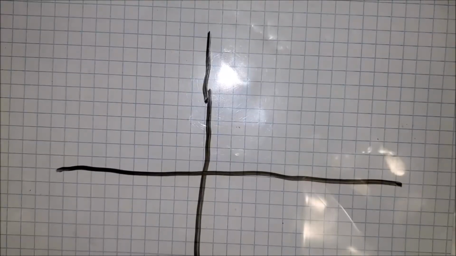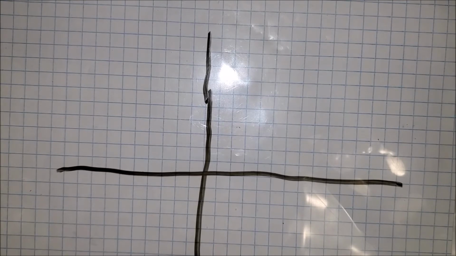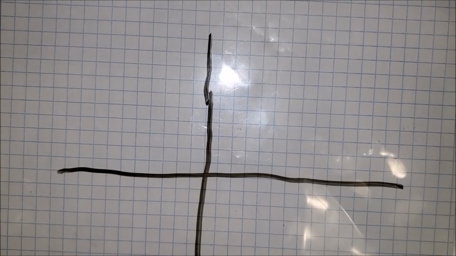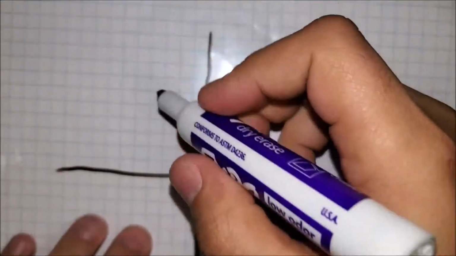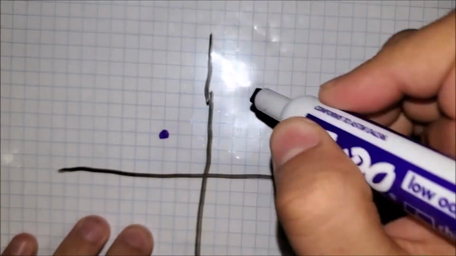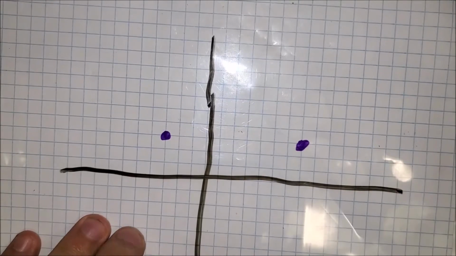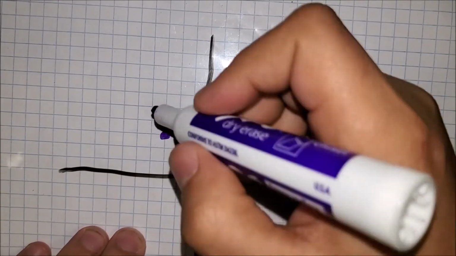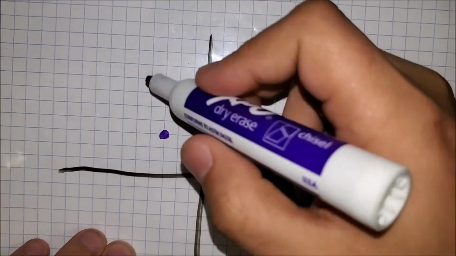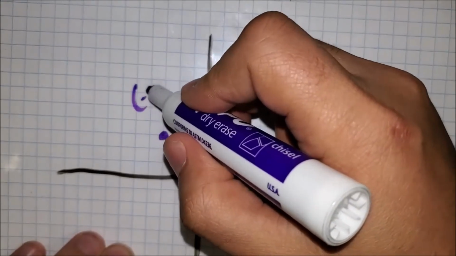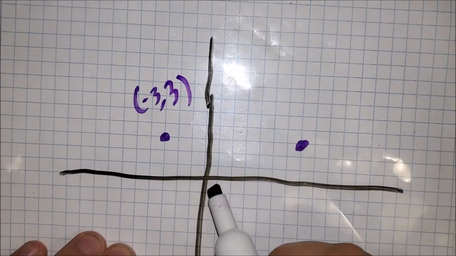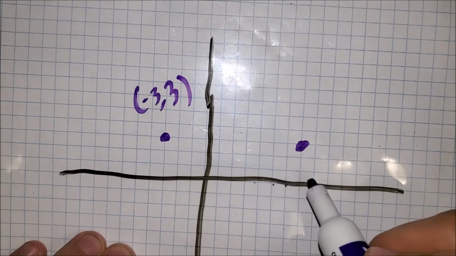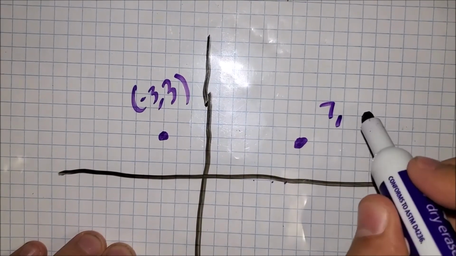Consider we had 2 points on a graph, and we wanted to find their horizontal distance. Let's grab 2 points. This point here is (-3, 3), and this point is (7, 3).